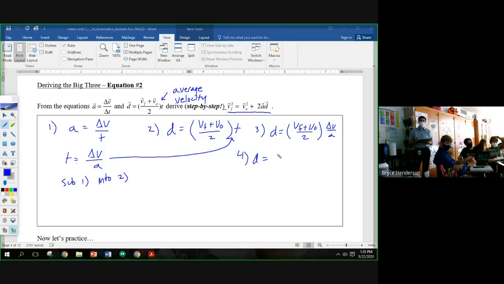What would it look like? Let's do our numerator. How could I rewrite delta v? Maybe that will help us. Anytime we do a change in something, it's final minus initial. So we can do v final minus v initial over here. And then this first one is v final plus v initial, all over 2a.